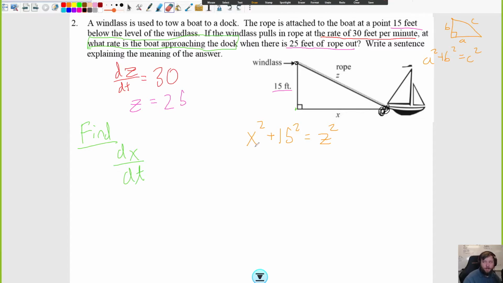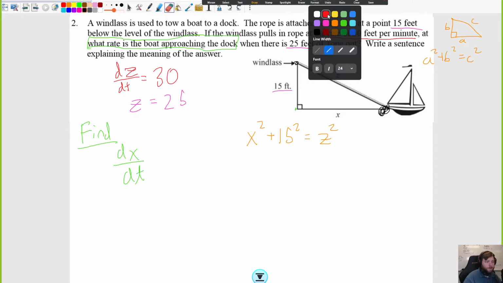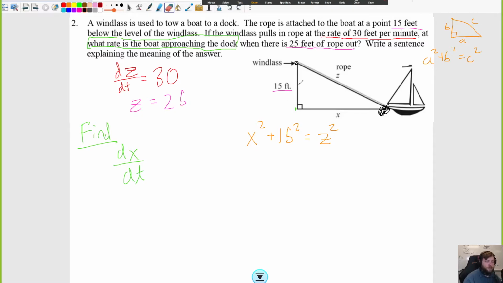Now that you have an equation and you have some givens and you know what to find, I'm just going to differentiate that. I've got dx's and dz's. So I derive this. Let's say I take d/dt of x squared plus 225 equals z squared.